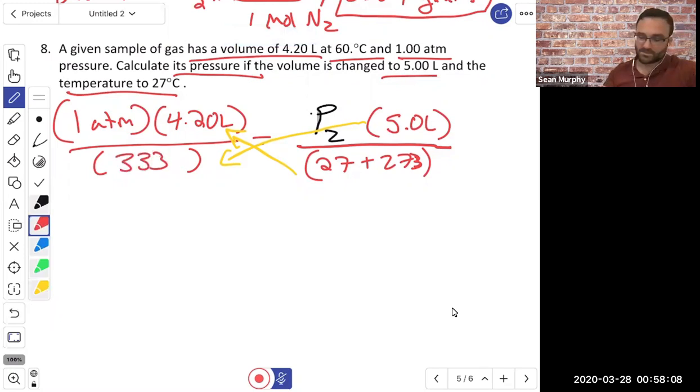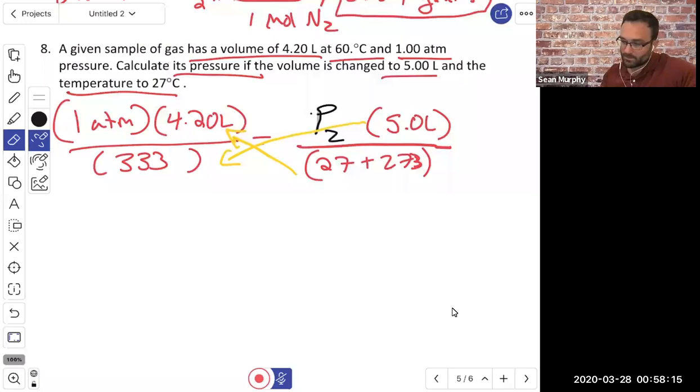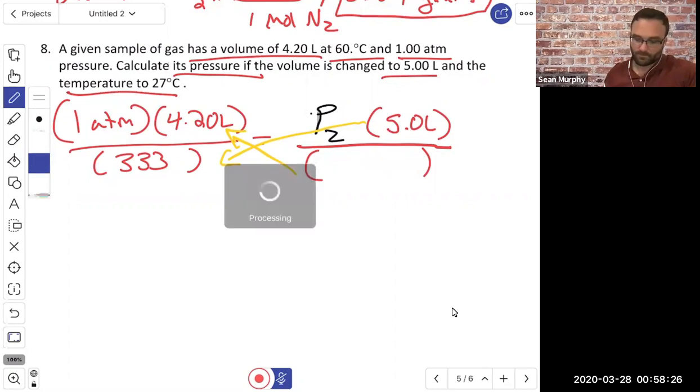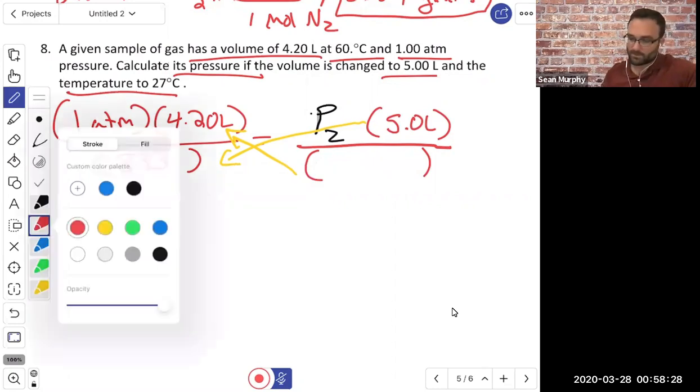And then what's 27 plus 273? That kind of looks like 100. 300, I mean. Don't you glitch out on me now. Kind of looks like 300 to me.